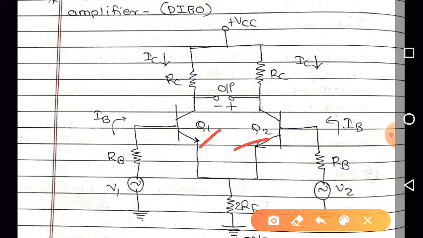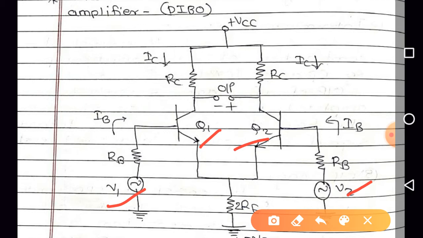These are the two transistors, NPN transistor type. And here V1 and V2, dual input. These are the two inputs, so it is called the dual input. These inputs are applied at base terminals of the transistors Q1 and Q2 respectively.